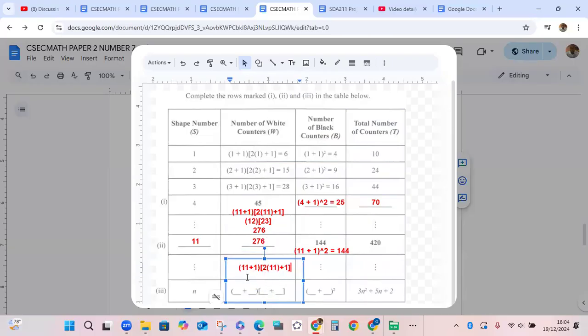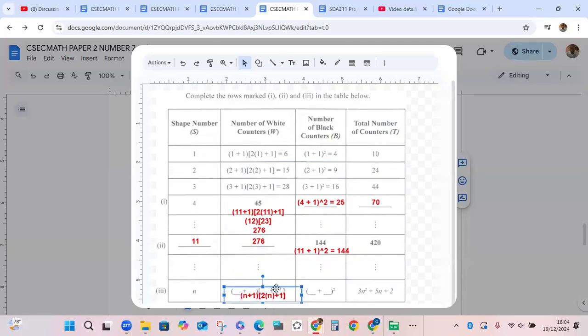I put N plus 1, 2 times N plus 1 in the square brackets, and that's it. The expansion I did will help me to prove my answer for the total number of counters.